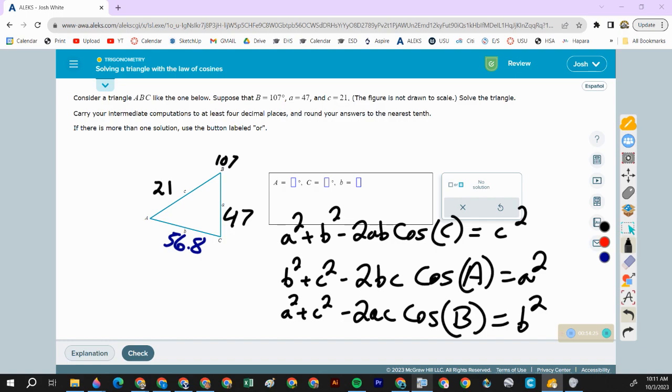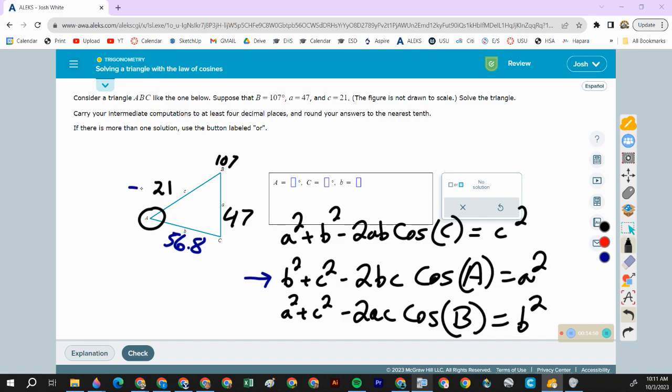How about finding a missing angle? So watch this. There are two ways to do it. One is to use the law of cosines. So let's calculate angle A. What would the formula look like to calculate angle A? Well, I would need to use the angle A formula.